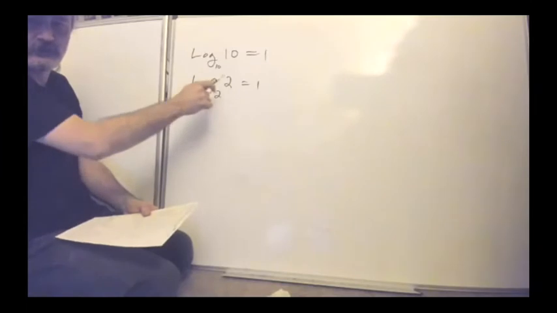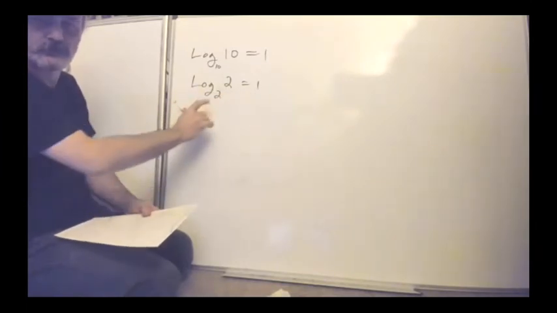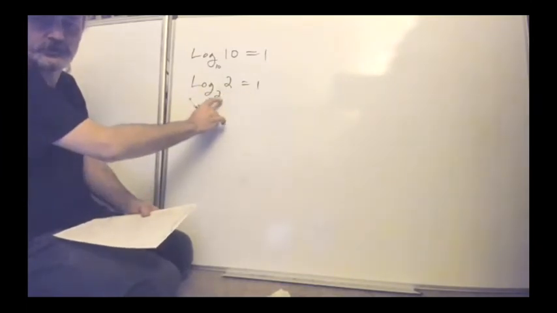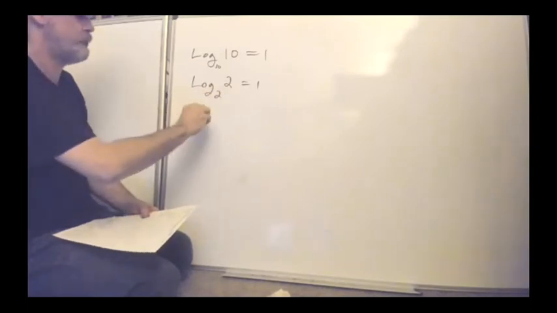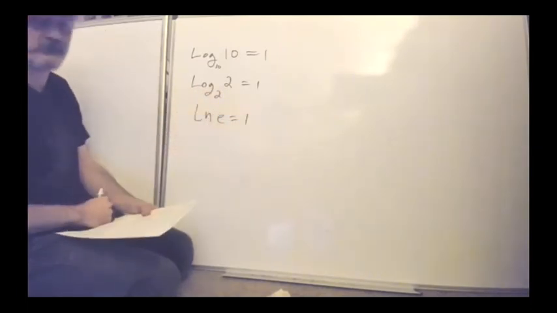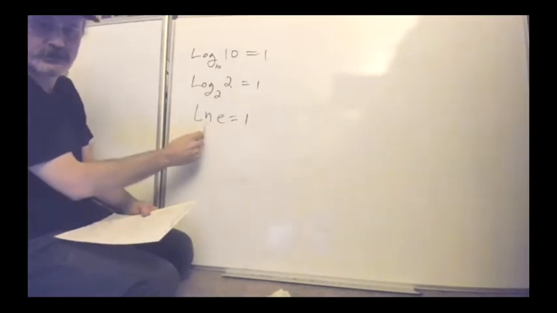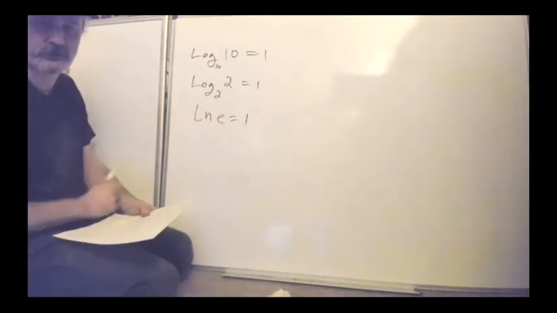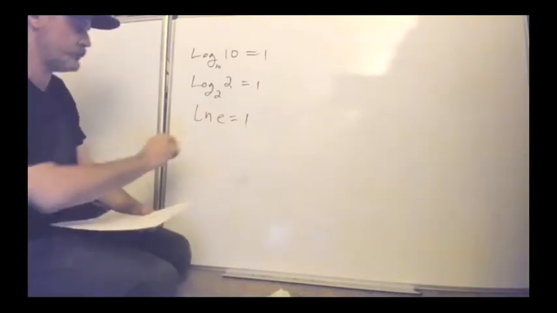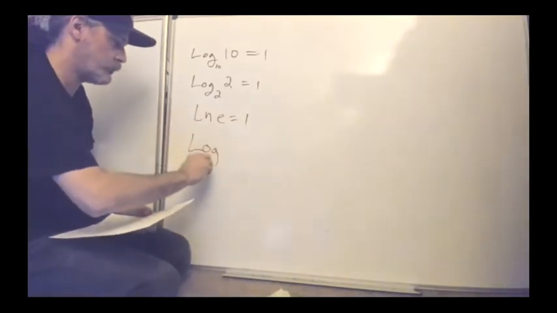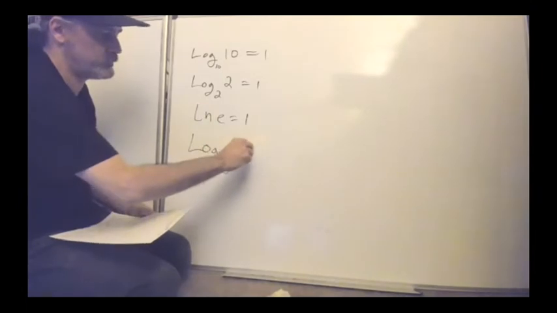If you have the base and the value the same, it's always 1, because we need a 1 exponent to the base 2 to equal itself. And the same thing with this, right? Because again, understood base e needs an exponent of 1 to equal itself. All right, so the general rule: the log, the base of the base, equals 1.